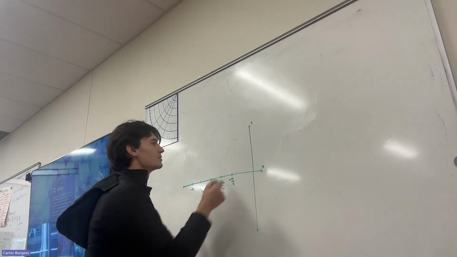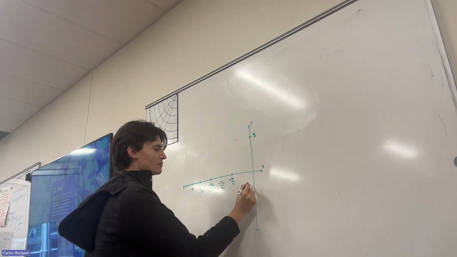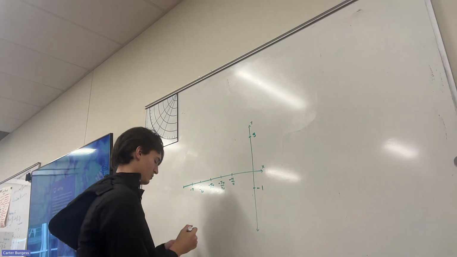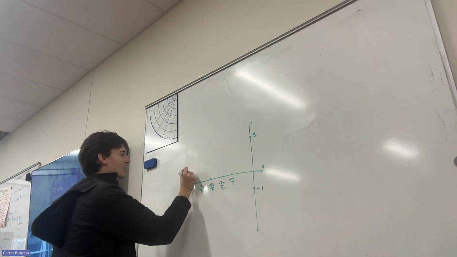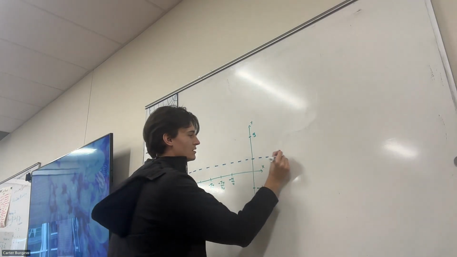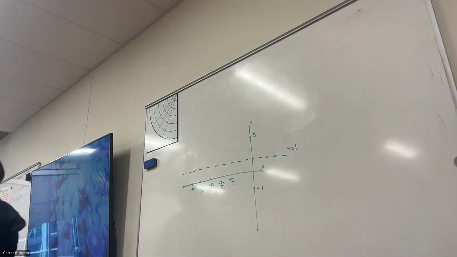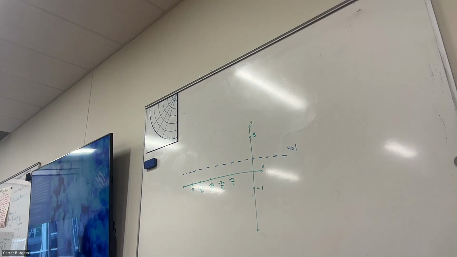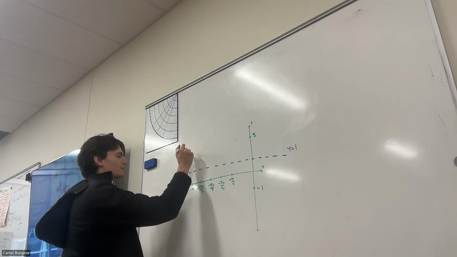Then our y values that we cared about, we said our max is going to occur at 3. We said our min is going to occur at negative 1. And we said we have a midline at y equals 1.